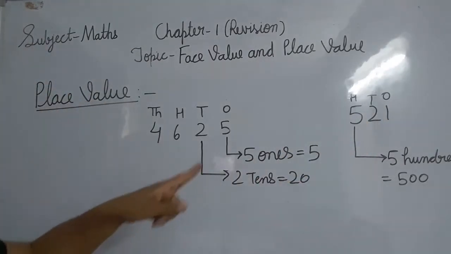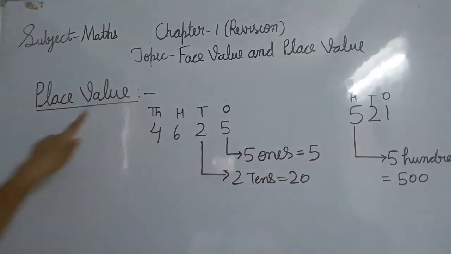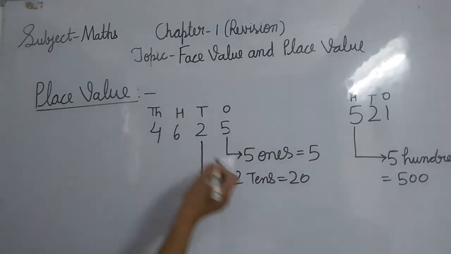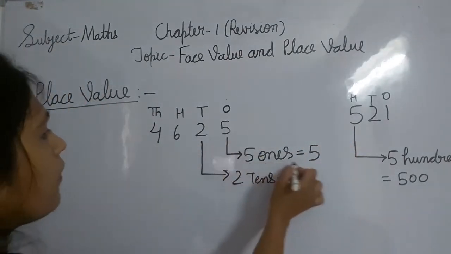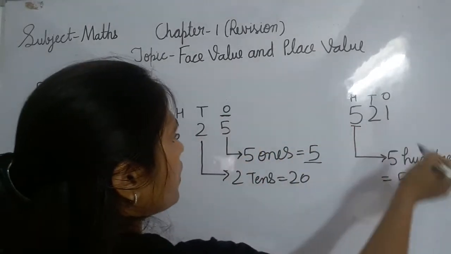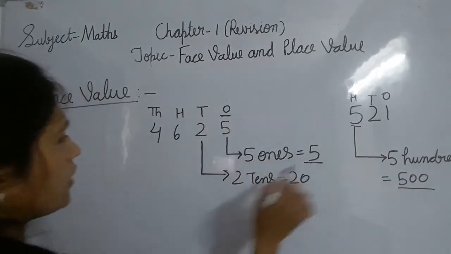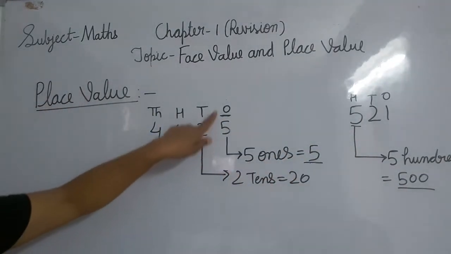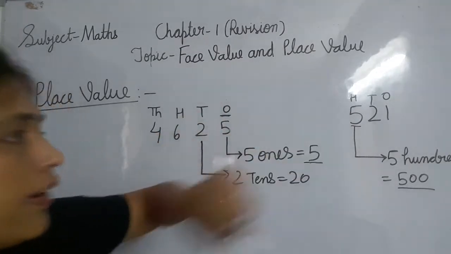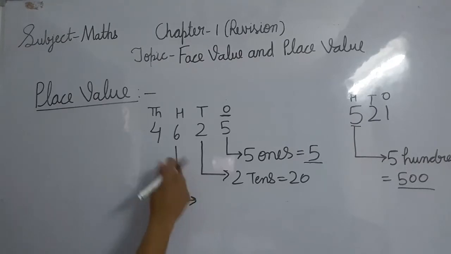The face value of 5 is 5 here also and 5 here also. But the place value changes according to place. Here 5 is 500. Here the place value of 5 is 5 only, because the 5 is in one's house and there the 5 is in the 100 house. Got it? So the place value of 6 is, where is the 6?